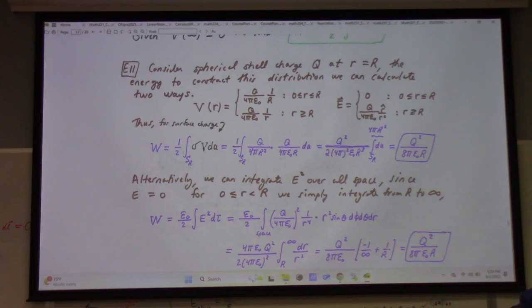For the spherical charge, that previous formula simplifies to just the boundary term, which integrates like so. If you put your volume outside the sphere, you end up with just the volume integral because the voltage goes to 0. The other term goes to 0 for large R, and so you're just left with this.